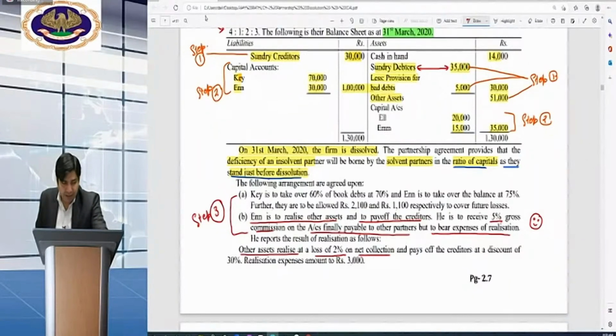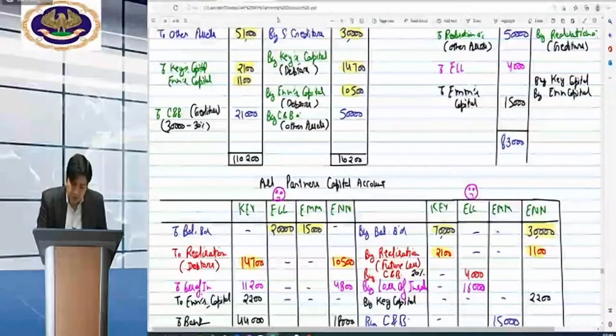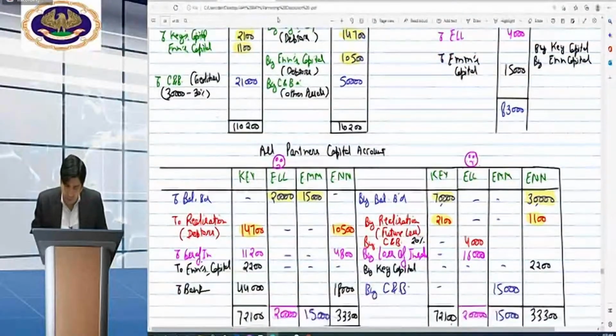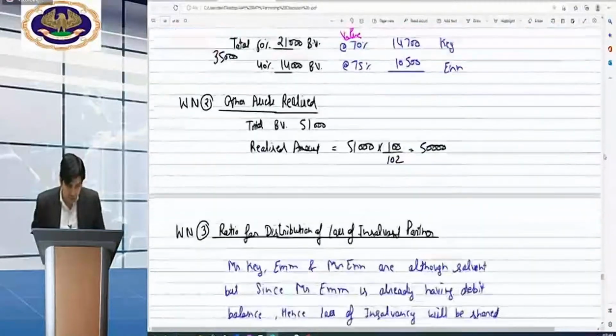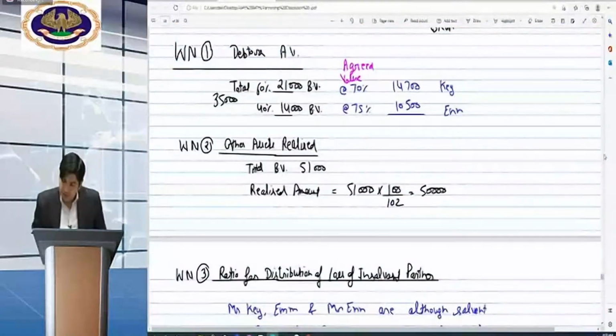Okay, beta? Now, can you please tell what is the amount of other assets? Other assets is 51,000, beta. Come on, move to working note number 2. See, beta, 51,000 is the total book value.